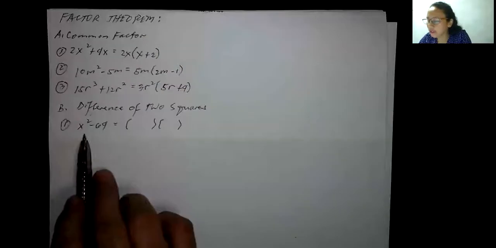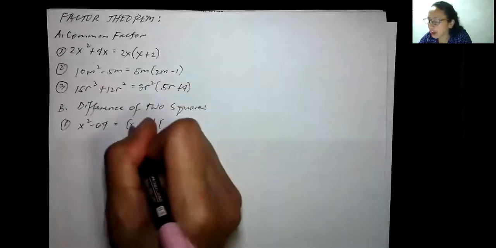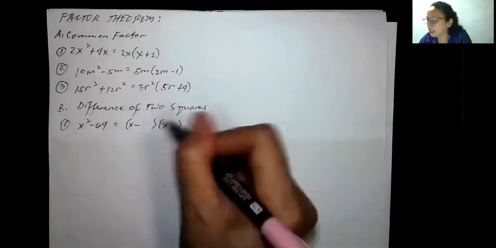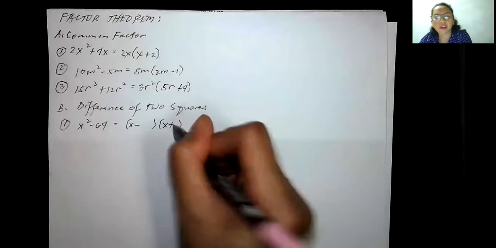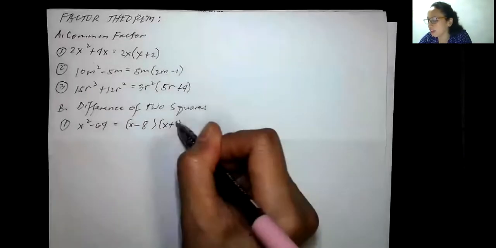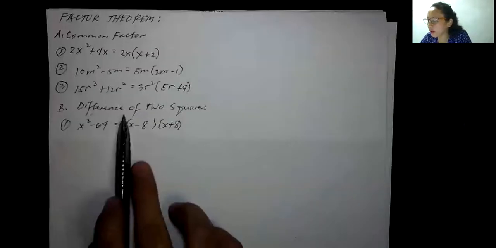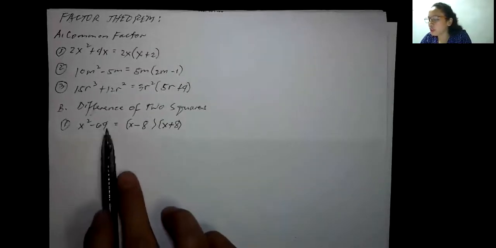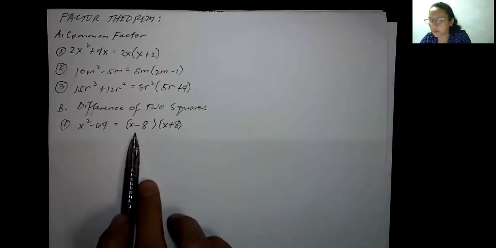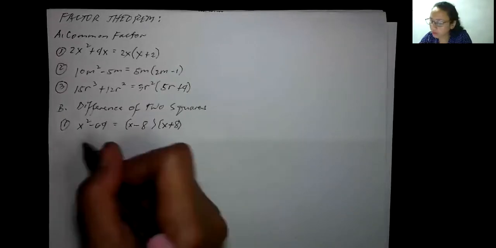So the factor of x squared is x and then x. Then negative will become negative and positive. So what is the square root of 64? So that is 8 and then 8. So that is the difference of two squares. Isang positive, isang negative.